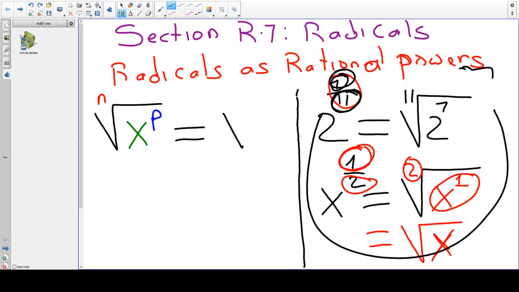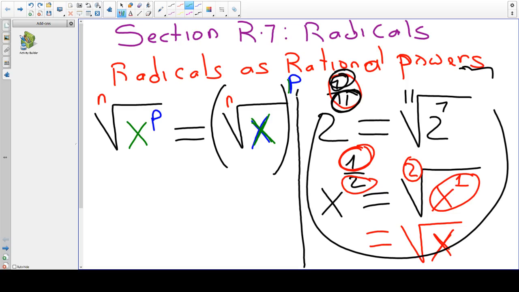So note with me that this power that you have inside, p, is also the same as having it outside, p, this way. It will be the same as having it outside there.